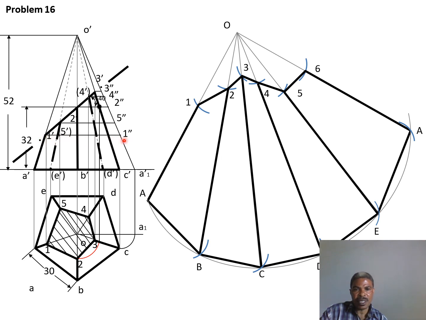It's very, very important to note here. Likewise for 5 dash until it reaches 2 dash, it goes and intersects the true length of the slant.